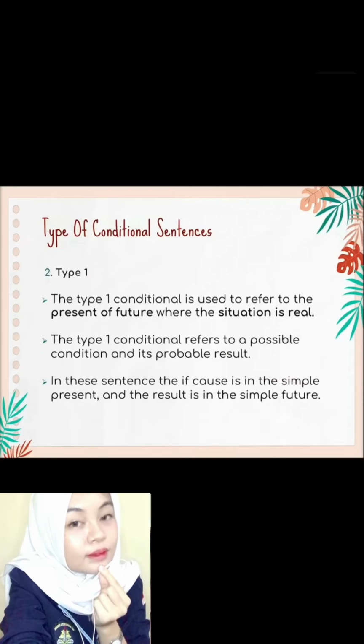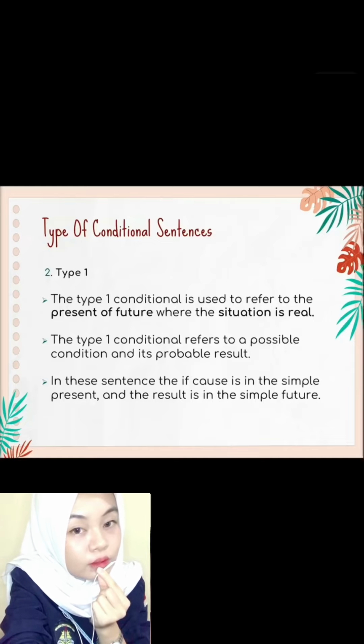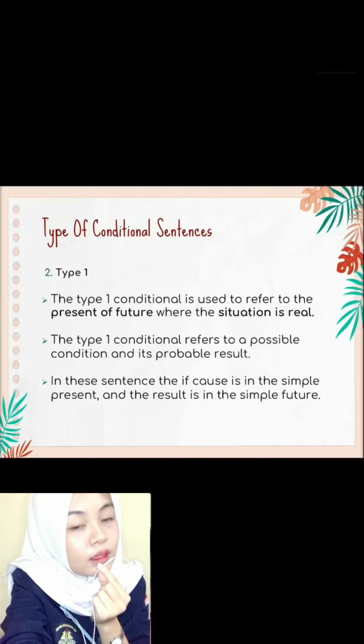Type 1. The type 1 conditional is used to refer to the present or future where the situation is real. The type 1 conditional refers to a possible condition and its probable result. In this sentence, the if clause is in the simple present and the result is in the simple future.